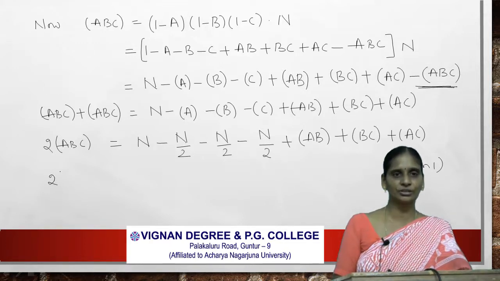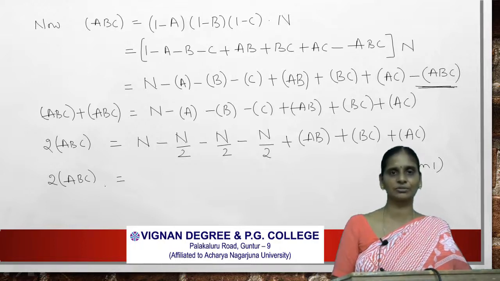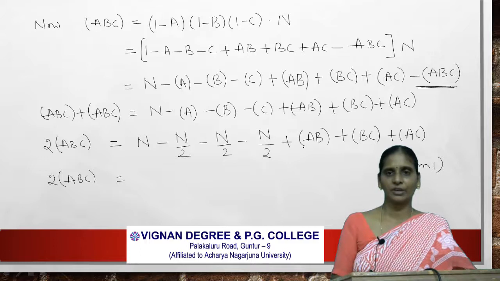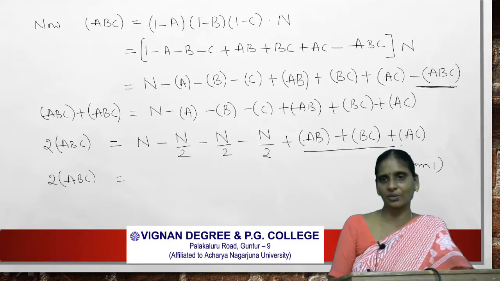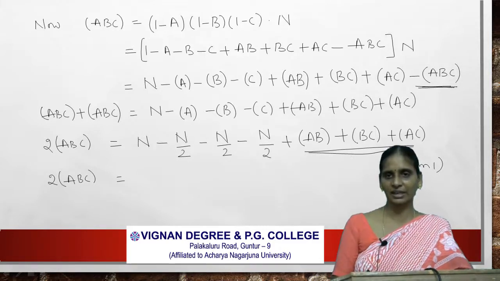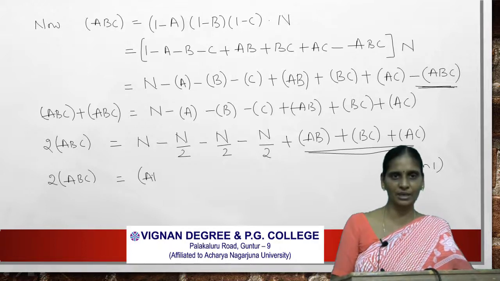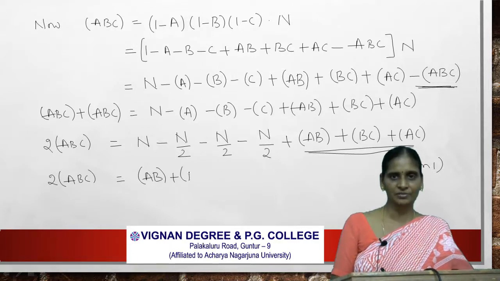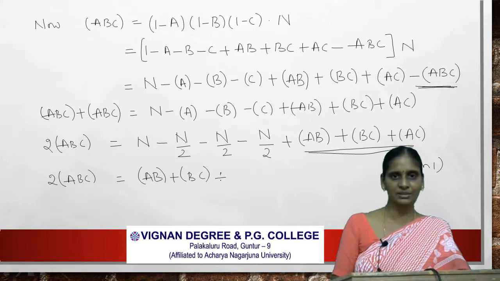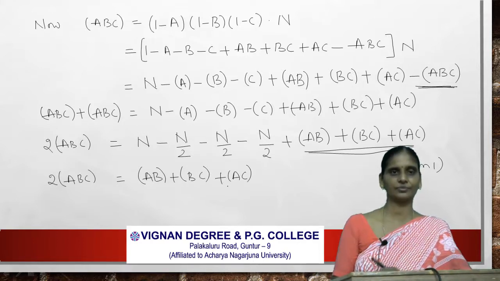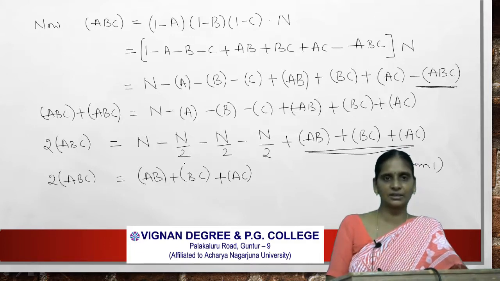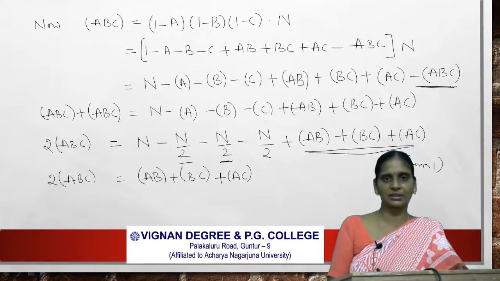Then 2 into frequency of ABC is equal to, we write the second order class frequencies in the first place, that is frequency of AB plus frequency of BC plus frequency of AC, and next, this is minus n by 2, minus n by 2, and minus n by 2.